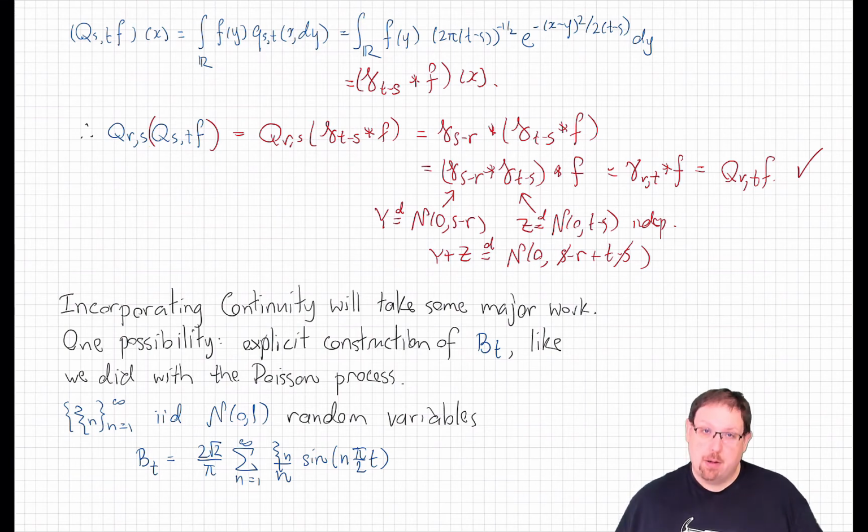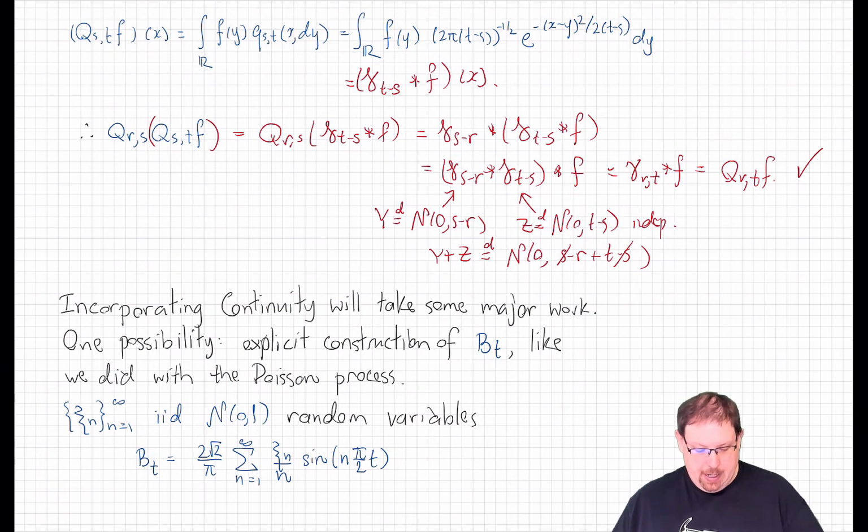Now, one approach would be to do an explicit construction like we did for the Poisson process. That is, maybe we can just construct a stochastic process not using some abstract tool like Kolmogorov. And in fact, that is possible. And here is one standard way to do it.